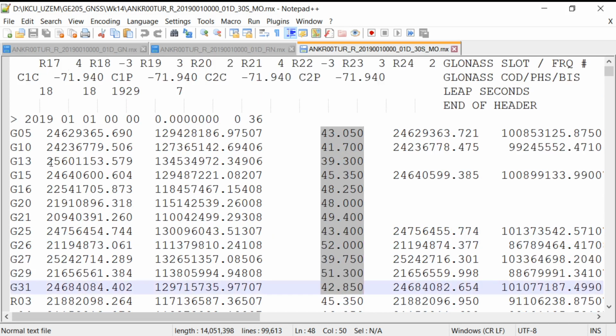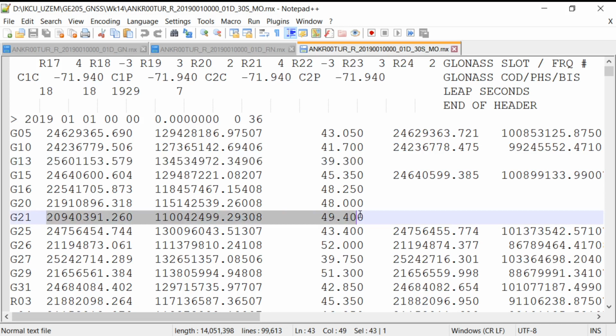For example, satellites around the horizon will, in general, have lower values, for example 39. Satellites close to the zenith direction, for example you see here, will have larger values. So you see 49. Again, 25,000 kilometers. Okay, you see 39.